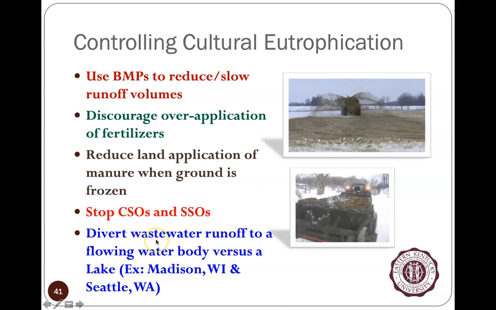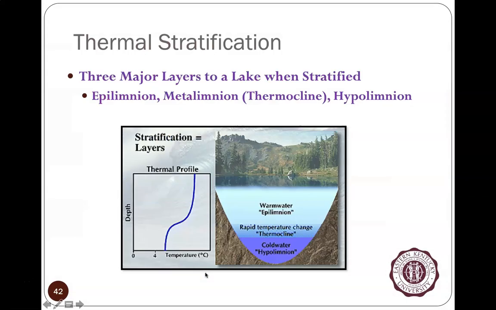It's better to make sure that our wastewater plants are situated along flowing water bodies. We talked about Lake Washington being a problem, and there are a few other examples, but that's kind of the main points there.